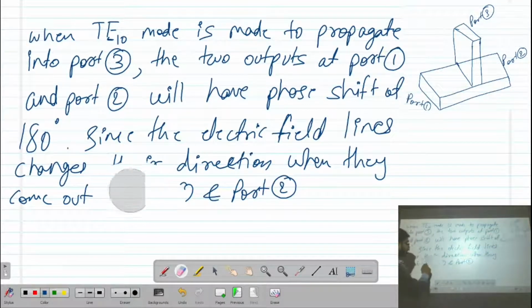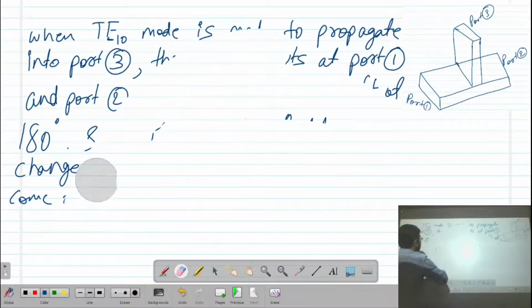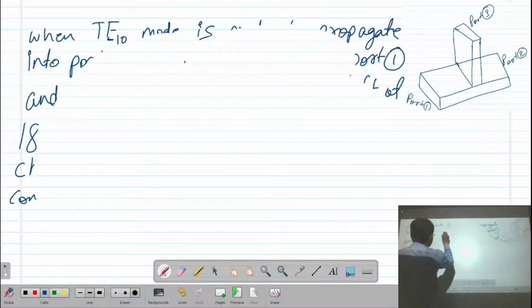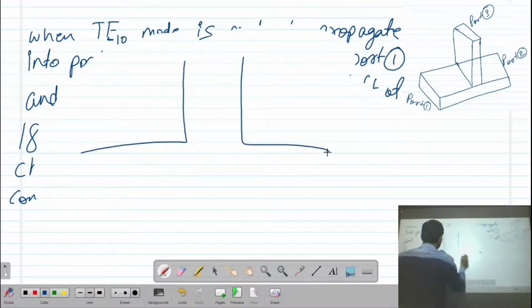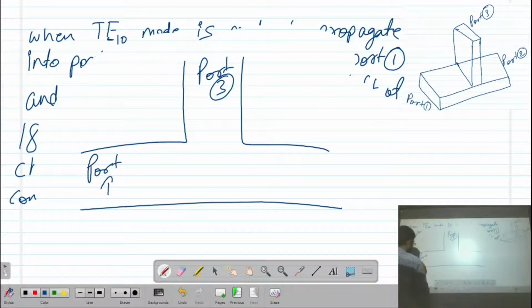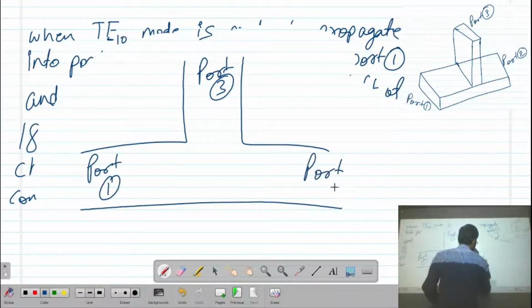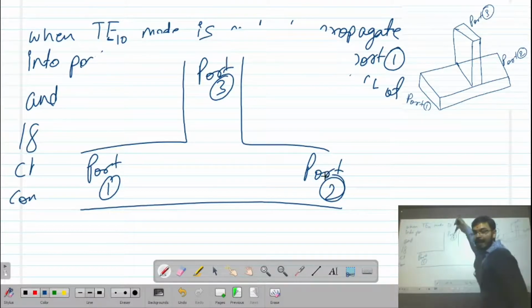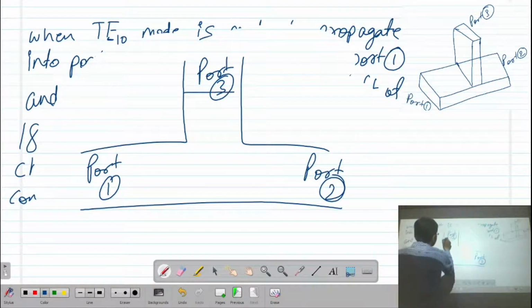Let us see the cross-sectional view. The cross-sectional view of the port will be something like this. This is port 3, this is port 1, and this is port 2. If the input is from port 3, so electric field will be like this.